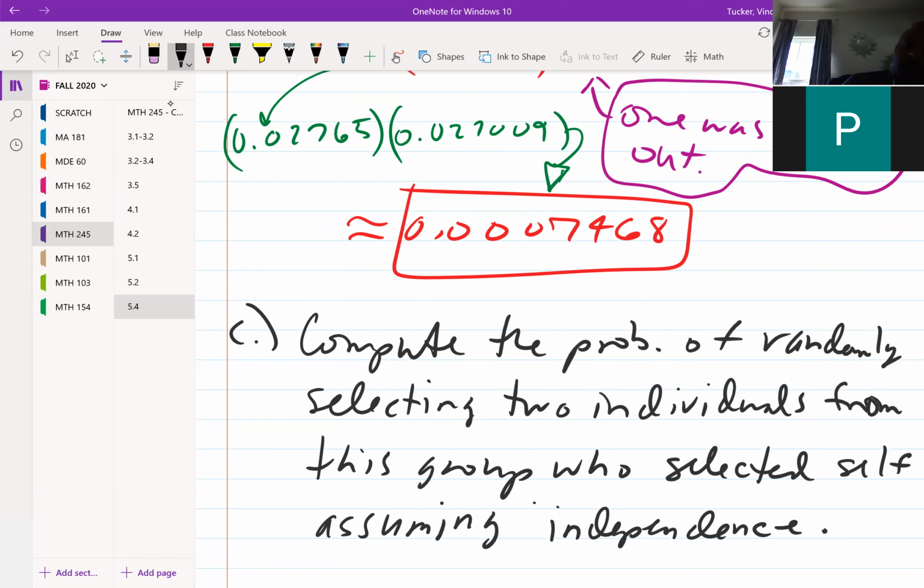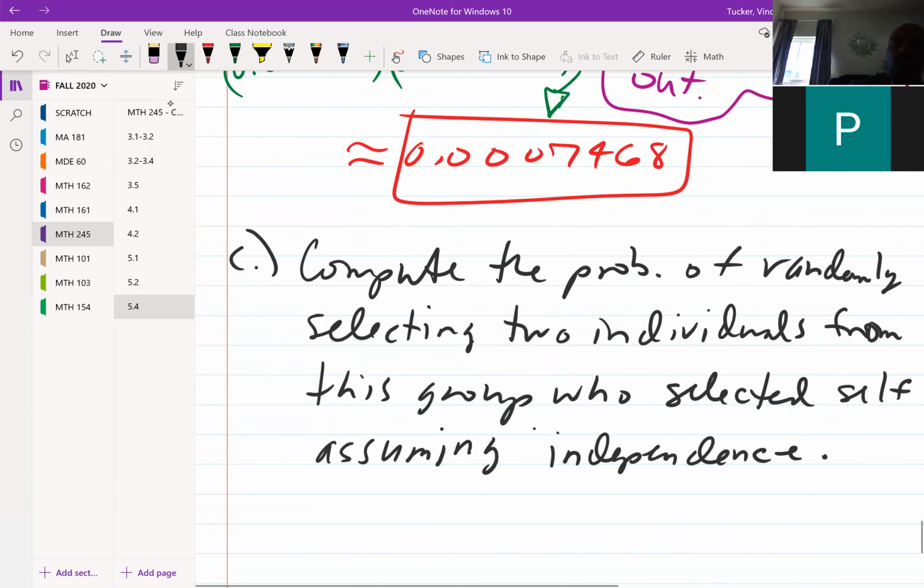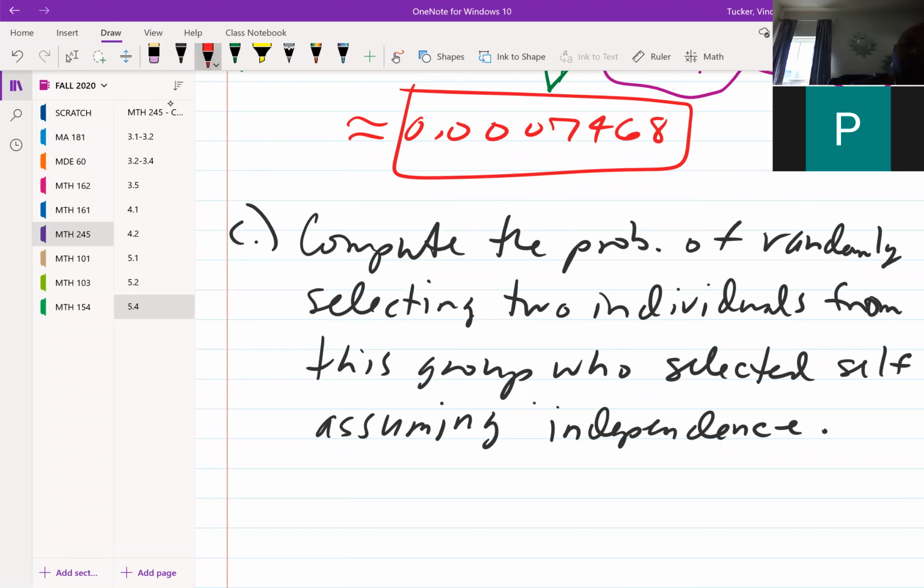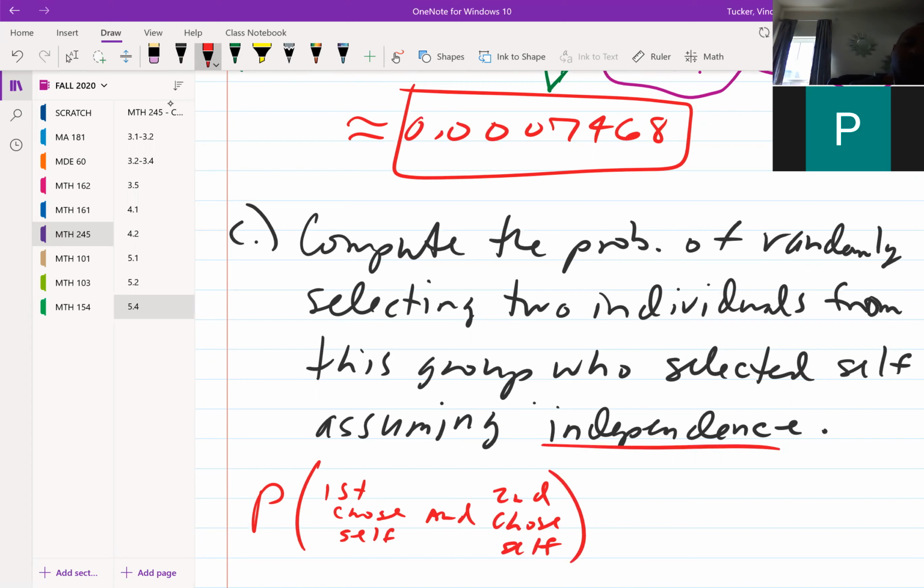All right, so compute the probability of randomly selecting two individuals from this group who selected self, assuming independence. So probability of first chose self and second chose self. But the key here is that they are independent of each other. So that means, we talked about that last section, that one probability has nothing to do with the occurrence of the other.